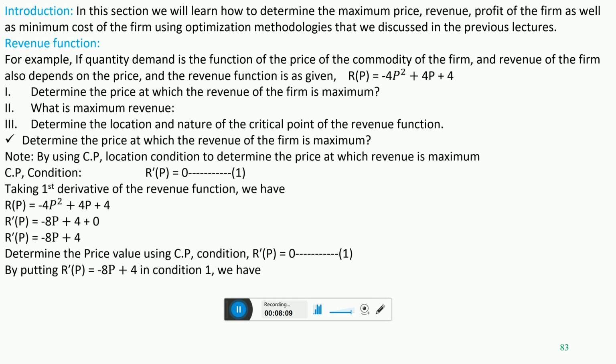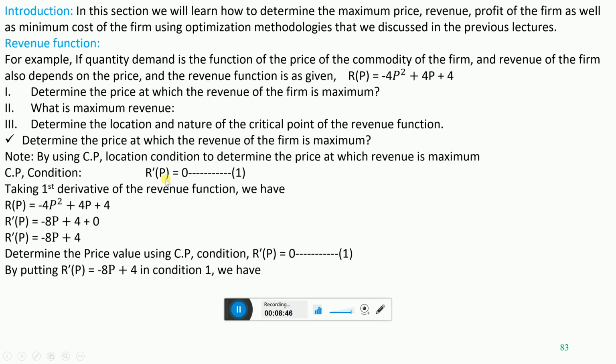I'm again repeating, to define the maximum point, which is critical point, we have to use the critical point location condition: first derivative of the function must be equal to 0 for the set of x values. And here in the function we have p in place of x and we have R in place of f. So R(p) is like f(x), and here we have independent variable p, so revenue is the function of p. That is why the first derivative condition is that R prime of p is equal to 0.